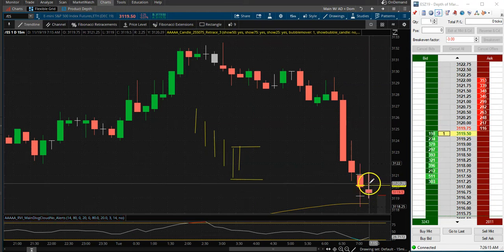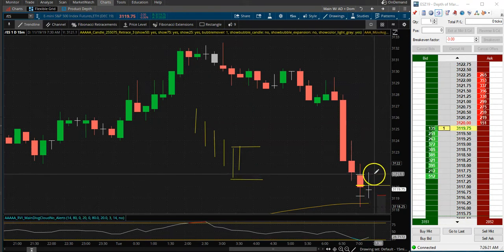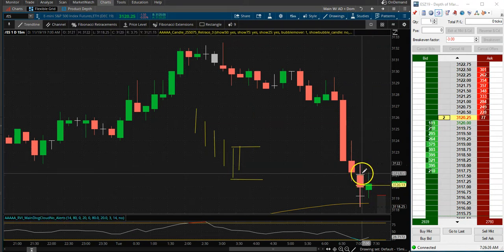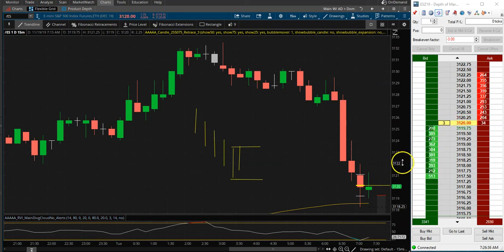So what I'd be looking for is if we do retrace back up, or if it's the next candle, I'd be looking to short up around this level. So right here, I know the previous candle's high, because I have a ThinkScript study that shows me right here, it's 31.22.